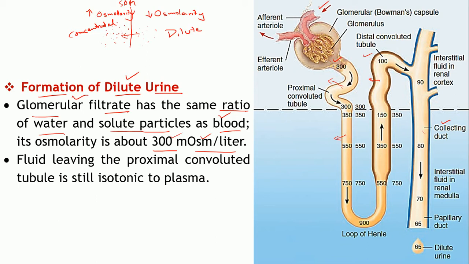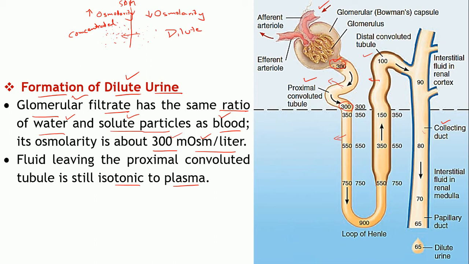Even as the fluid flows through the proximal convoluted tubules, reabsorption will take place, but has the osmolarity changed? It is the same, right? It is still isotonic to plasma. Why? Because a proportionate amount of water and solute has been reabsorbed in the proximal convoluted tubule.